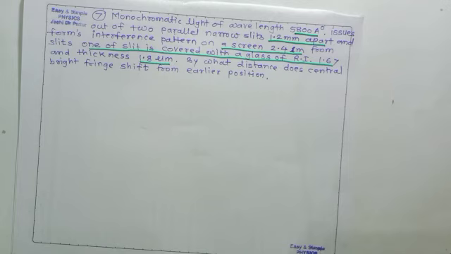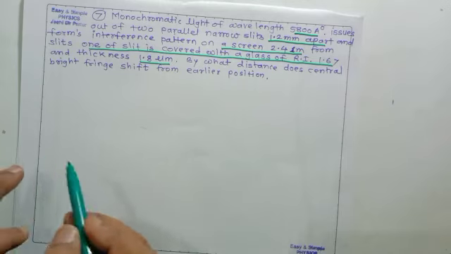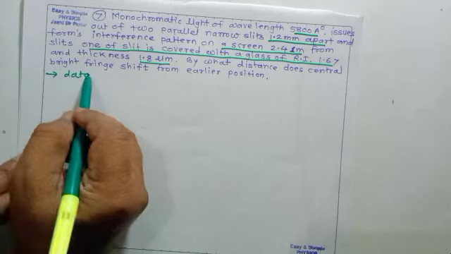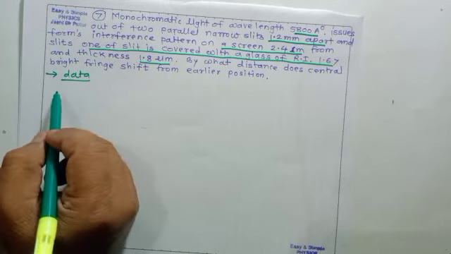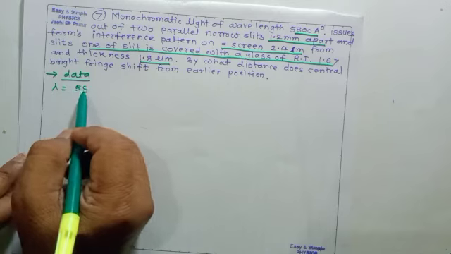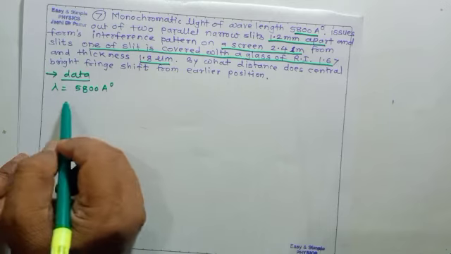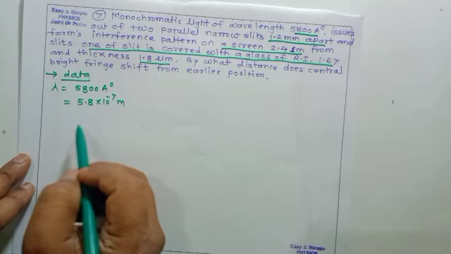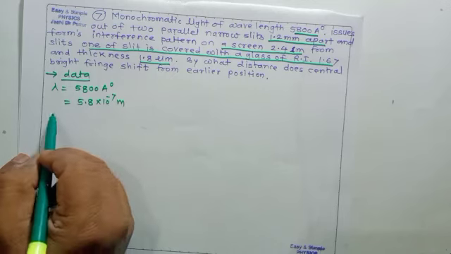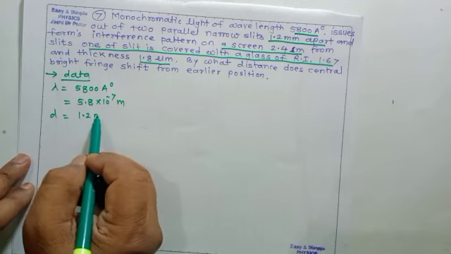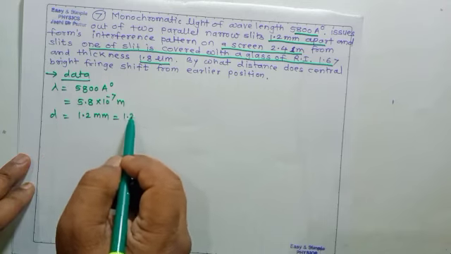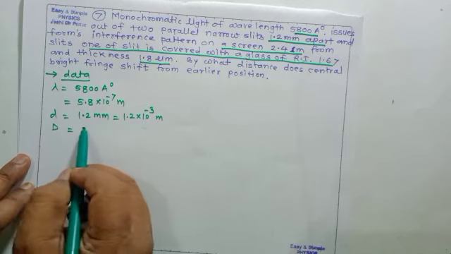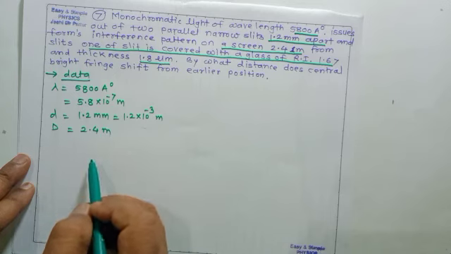So here we can write the data. In this case, the wavelength is given 5800 angstrom units, which can be written as 5.8 × 10^-7 meter. Small d will be 1.2 millimeter, which means 1.2 × 10^-3 meter. Capital D, 2.4 meter.